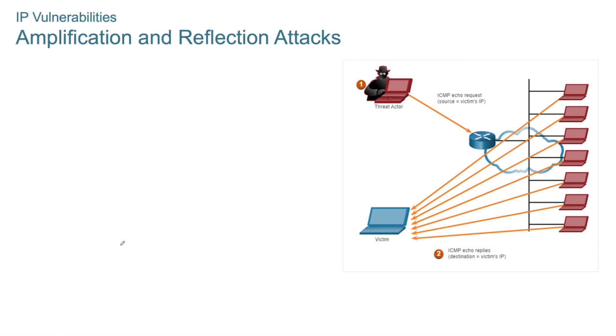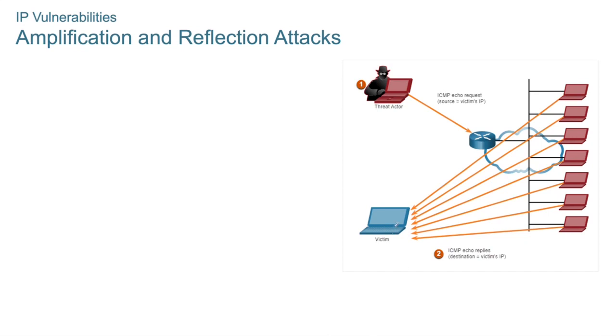is used to overwhelm a target host here. If you see here, the threat actor first does the amplification attack by forwarding this ICMP echo request using the victim's IP address as the source. The source is the victim's IP address, not the threat actor's IP address.